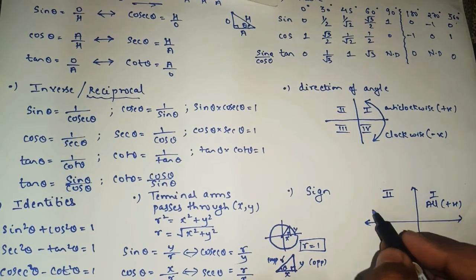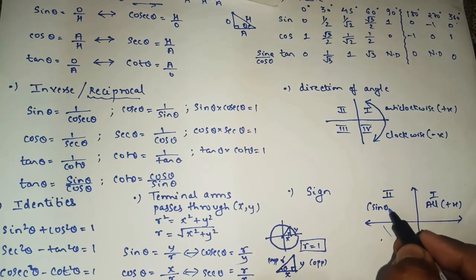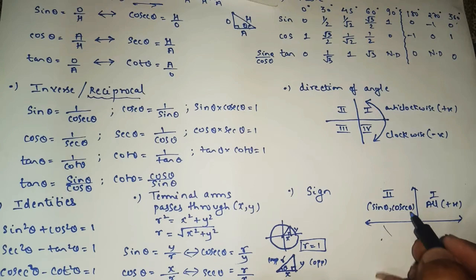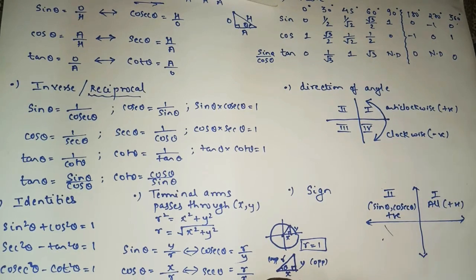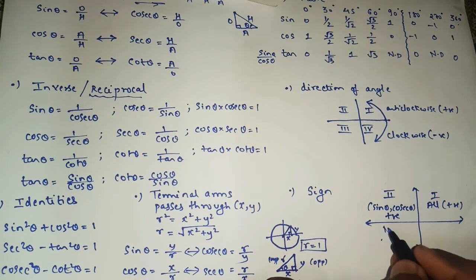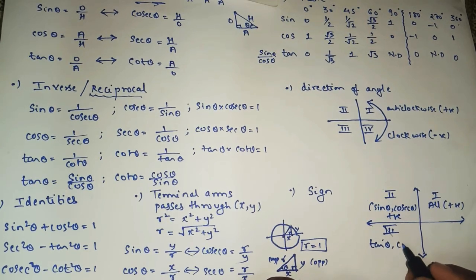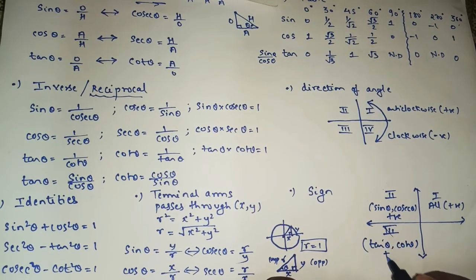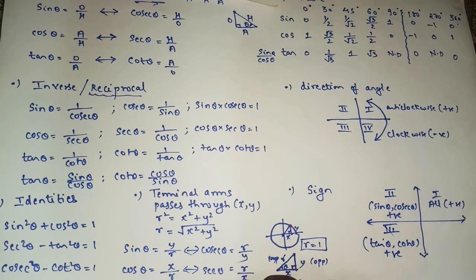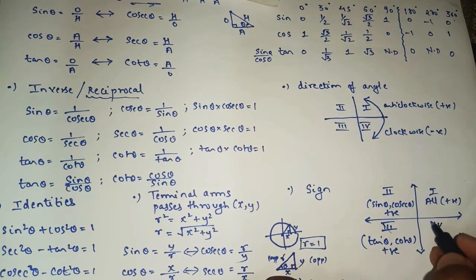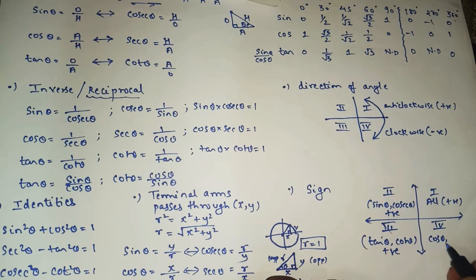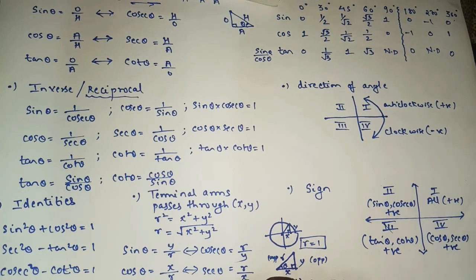And in the second quadrant we know that sine theta and cosec theta are positive and the rest will be what, negative. In the third quadrant tan and cot will be positive and the rest will be negative. And in the fourth quadrant cos theta and sec theta will be positive and the rest will be negative.